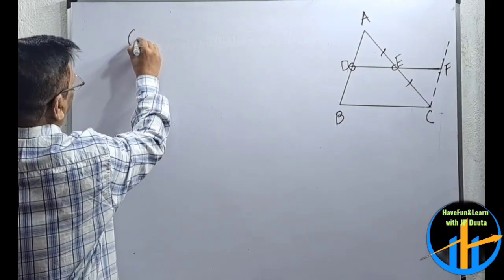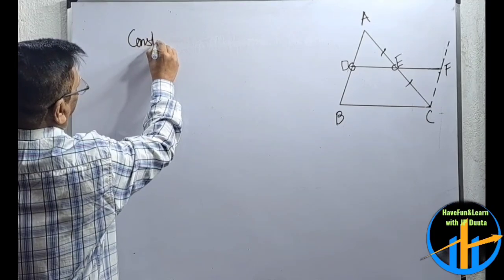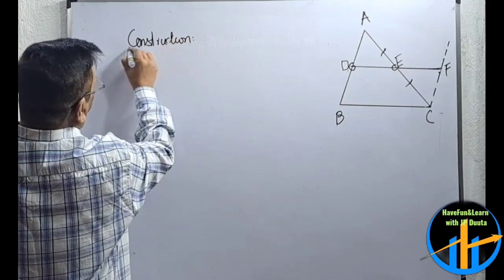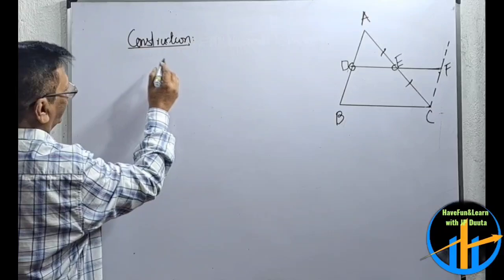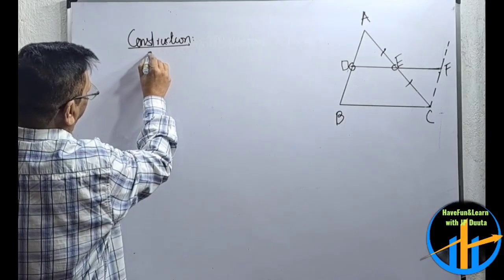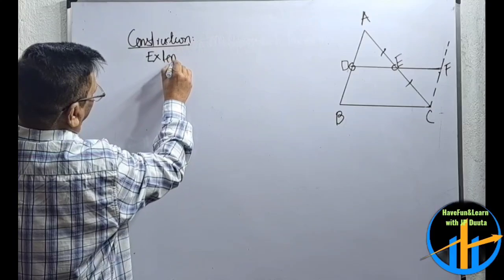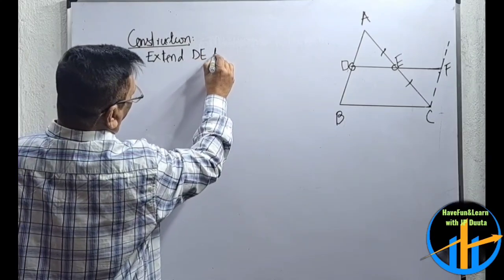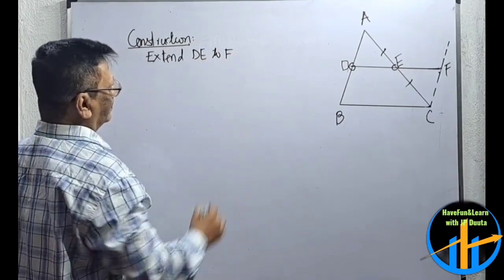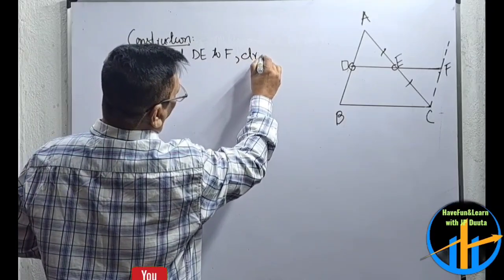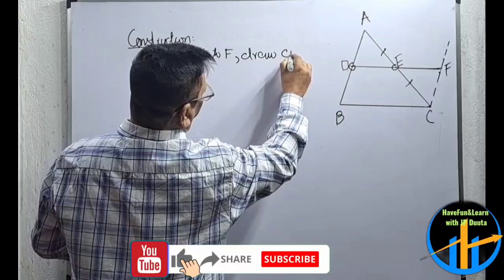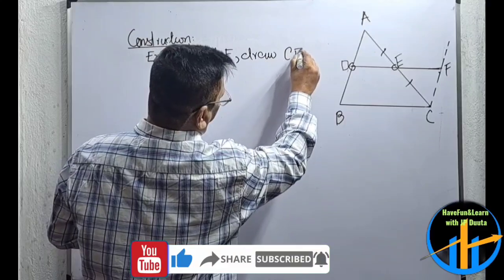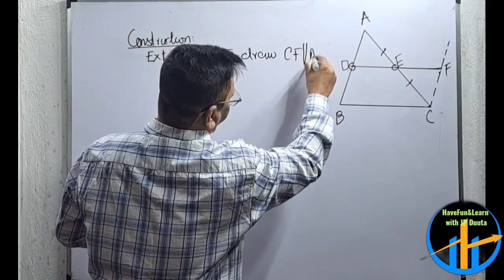The construction part. What will be that? Extend DE to F, draw CF parallel to AB.